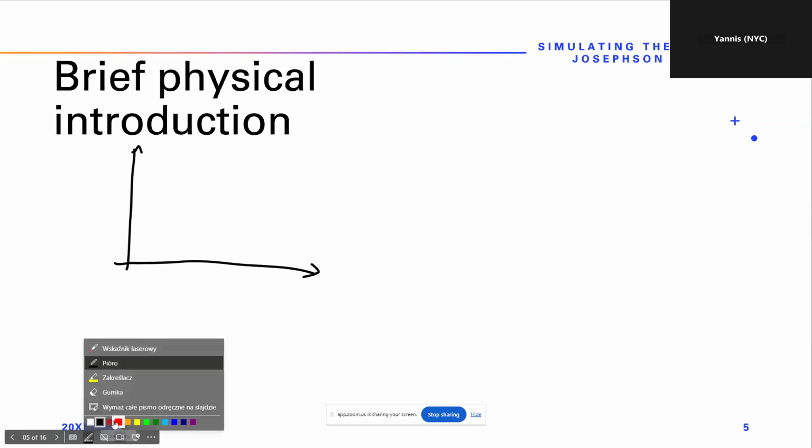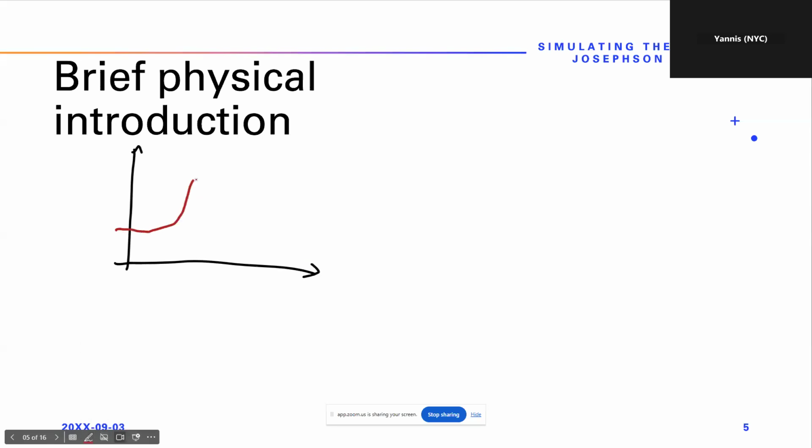As I said before, the voltage response looks something like this usually, and this is the situation for beta around 1, let's say. I haven't introduced the beta yet. The most basic parameter that we use for modulating this voltage response is the parameter beta, which is proportional to the capacitance and to the square of the resistance.